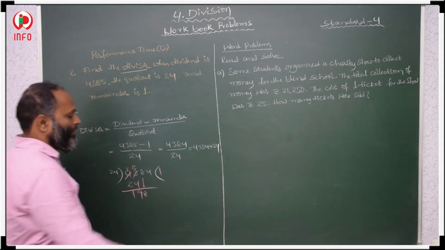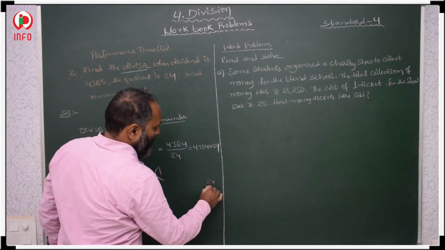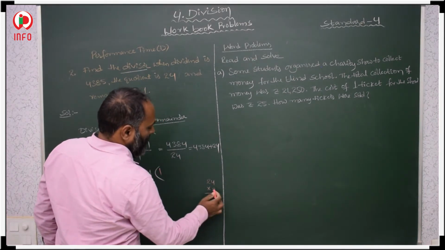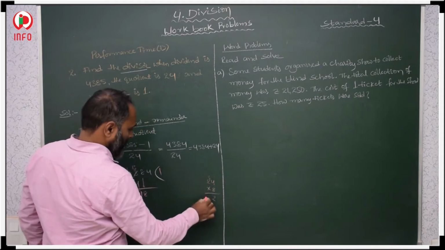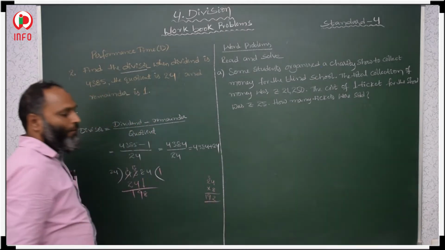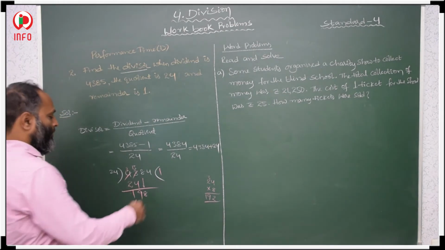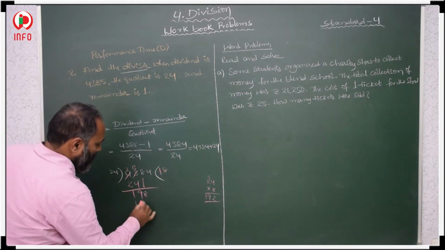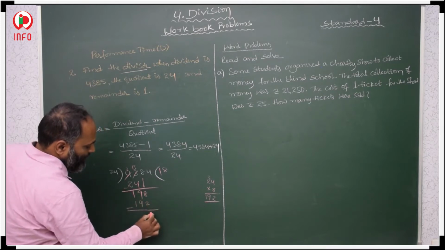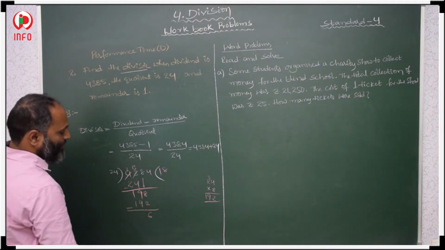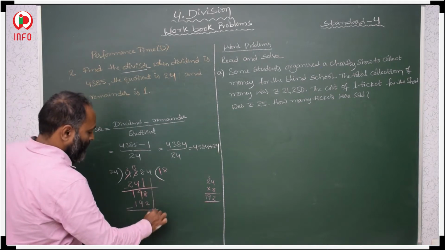In the 24 table we have to check: 24 8s are 192. Then subtract: 8 minus 2 is 6, 9 minus 9 is 0, 1 minus 1 is 0. No need to take more. Now 4.